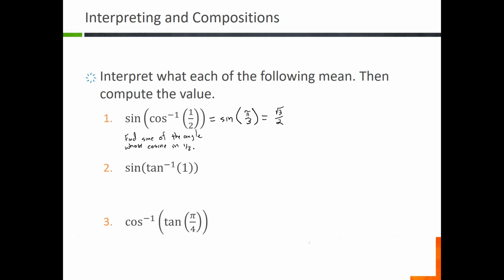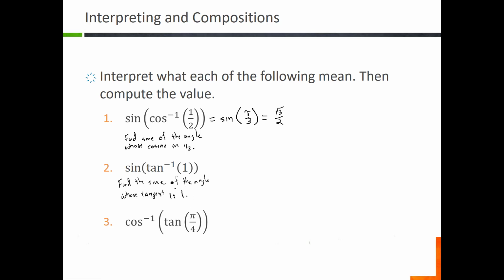All right, the next one, we're trying to compute the sine of the inverse tangent of 1. That means we are trying to find the sine, and whenever you compute sine, it's the sine of an angle, so the sine of the angle. And remember, inverse tangent is computing an angle, so we want the sine of the angle whose tangent is 1.